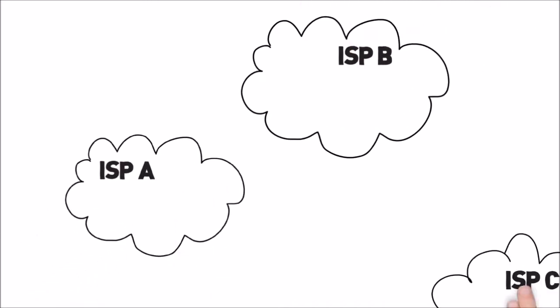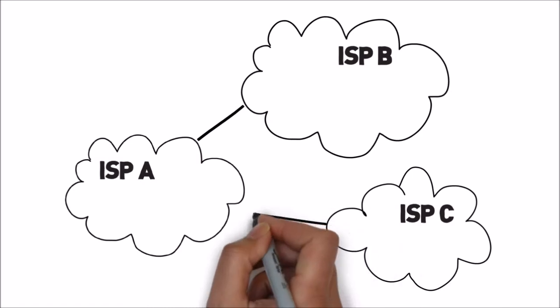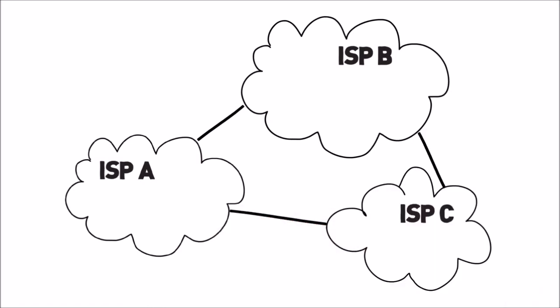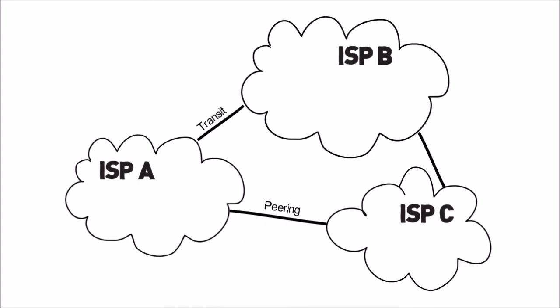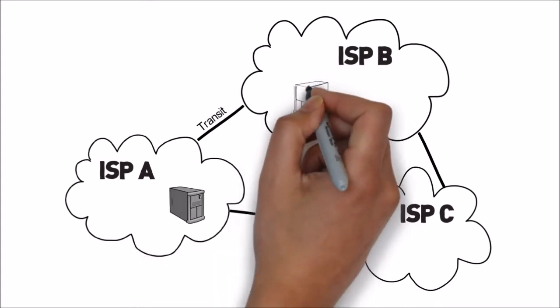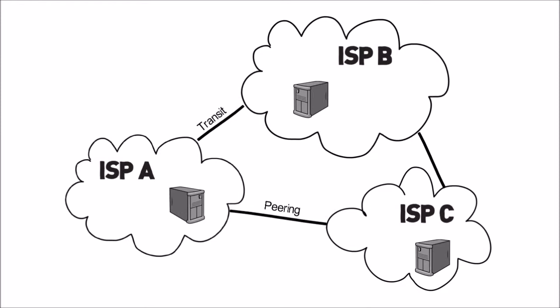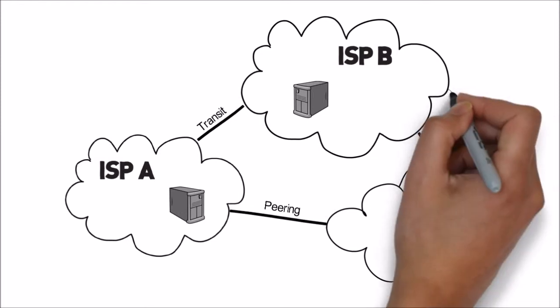Let's take a look at a sample network configuration of three networks, which are connected with each other through links with different properties, transit or peering. The ETM support is provided by an ETM information server, either part of each ISP or provided as a third-party service.